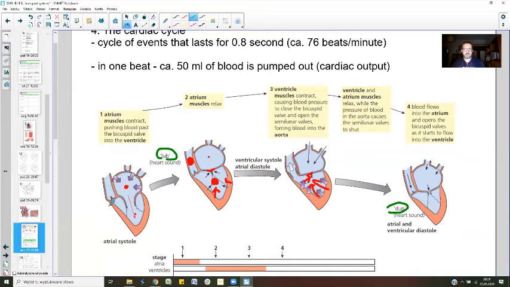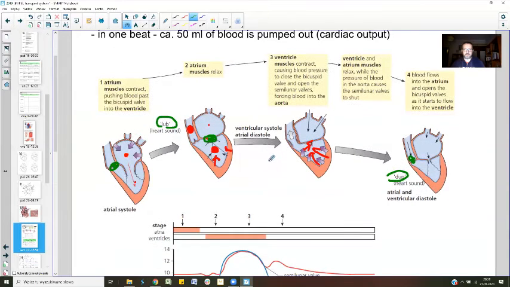They are connected with closure of first the atrioventricular valve, and then the semilunar valve. So with a lub and dub sounds.